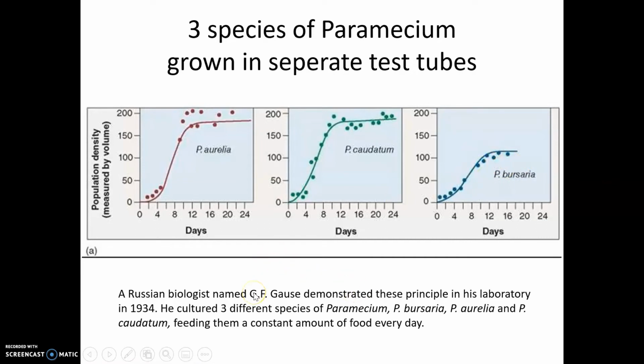And this experiment was actually carried out by a Russian biologist in 1934-35. So he grew these 3 different species of Paramecium, both individually, as in this graph, and he then also grew them together. And as you can see down here, he supplied them with a constant amount of food every day.